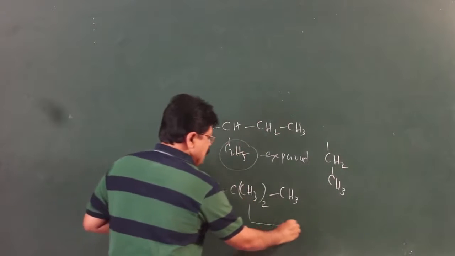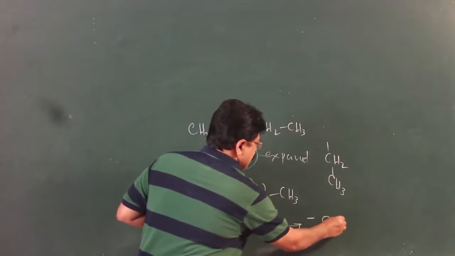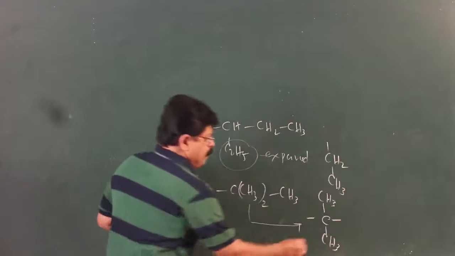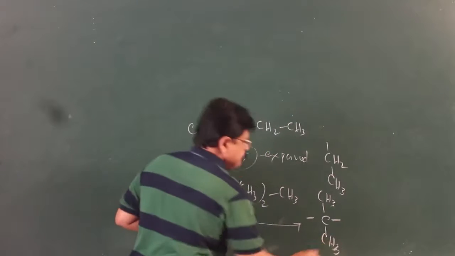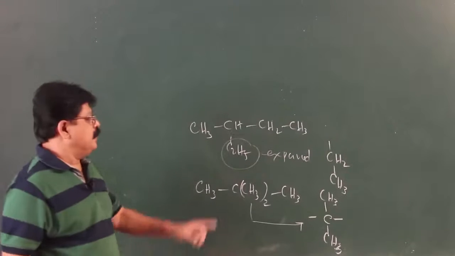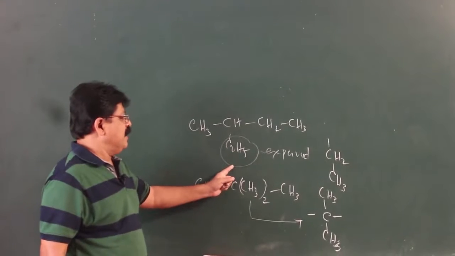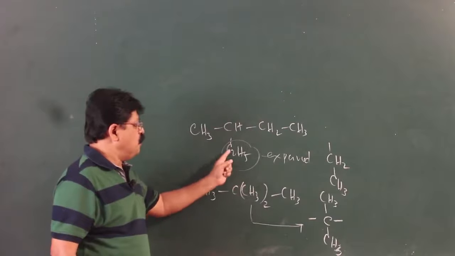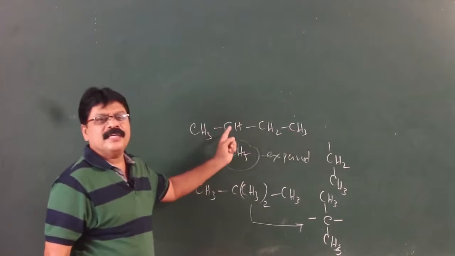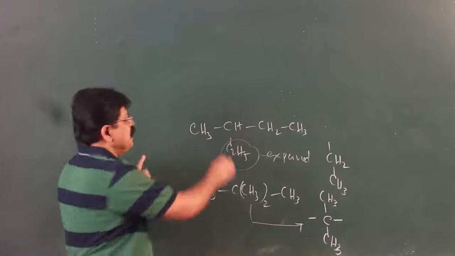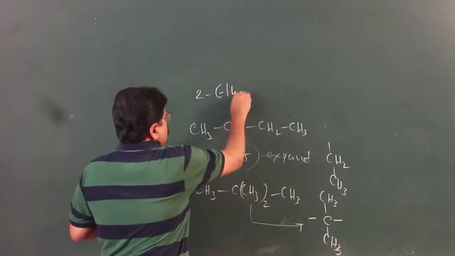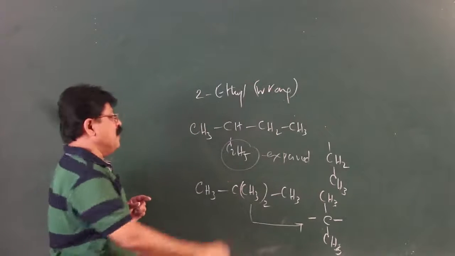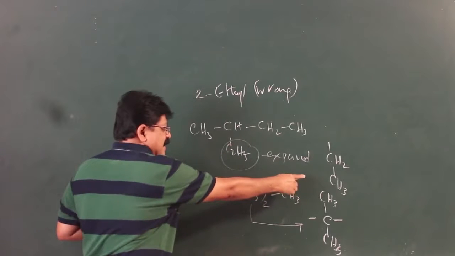This also you expand, and this will be like this. Then the naming will be easy. When you expand this compound, the longest chain will be this, because 1, 2, 3, 4 and 5. Don't treat it as 2-ethyl. 2-ethyl is wrong.